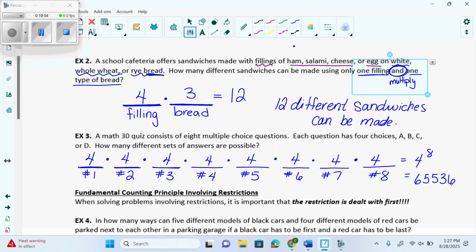So if you don't study, you have a 1 in 65,536 chance of getting them all right. That's why studying is so important. Because that is a lot of answer keys, right? You don't think about it, but they can all be A, or one be A and then all be B, one be A, all be C, one be A, all be D. There's 65,000 different answer keys.